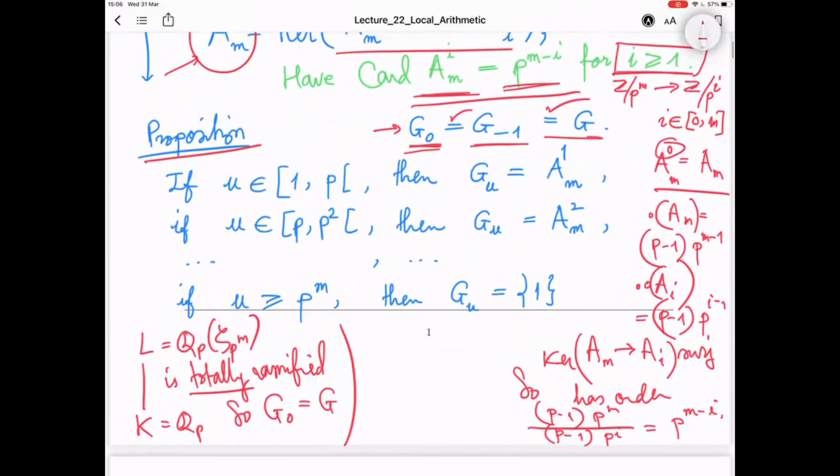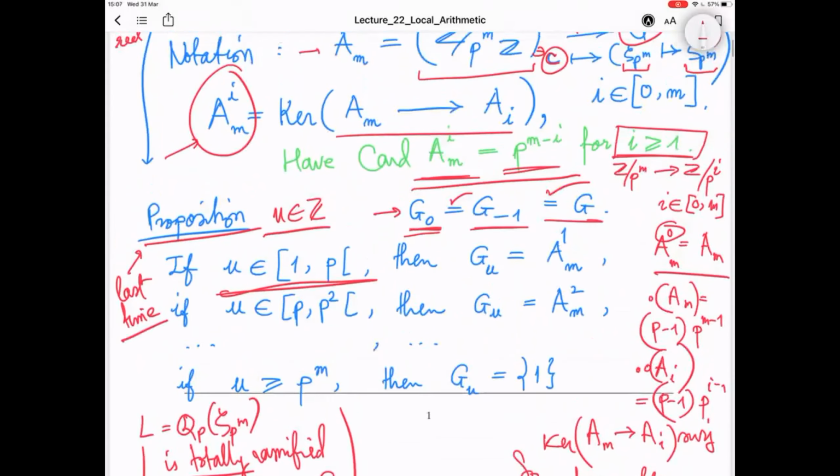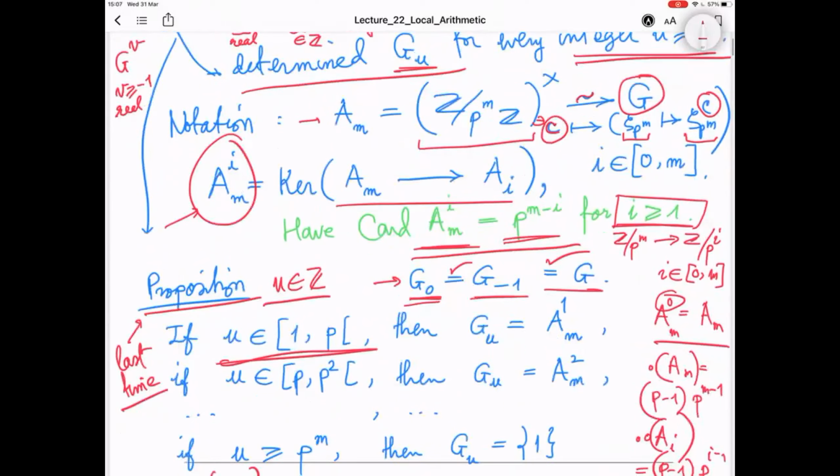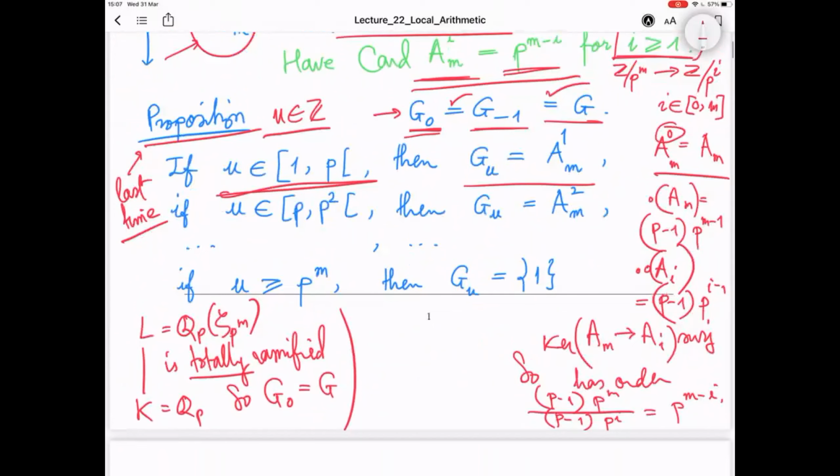I'm just recalling what we had done last time, and this proposition was done last time. It says that if u is an integer between 1 and p-1, then G_u is A_m^1. It's enough to do it for integers, as I said. Here the exponent of p is 1, and that exponent is here.